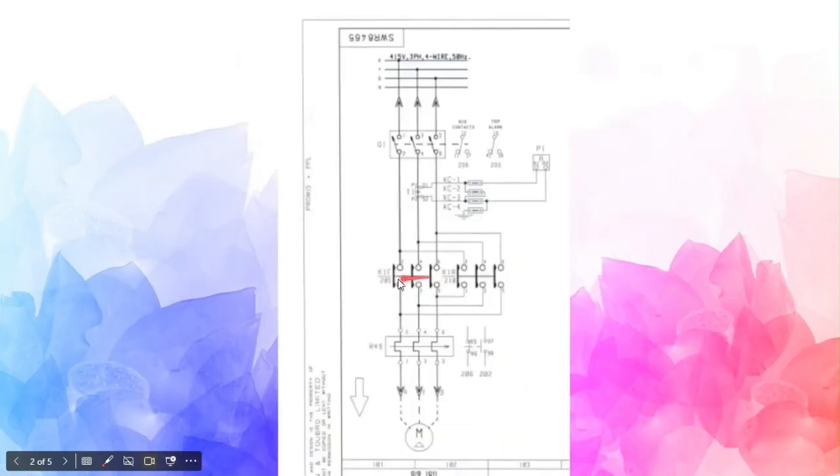If both K1F and K1R are closed, what will happen? Look at this. This is B, and this is R, right? So B and R will get shorted. So it will be a short circuit condition.